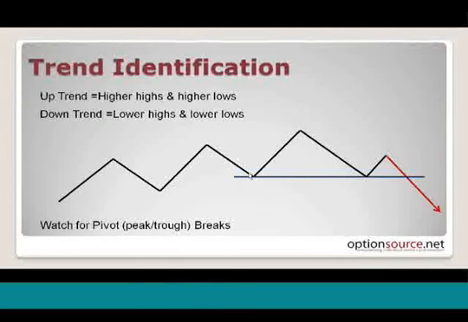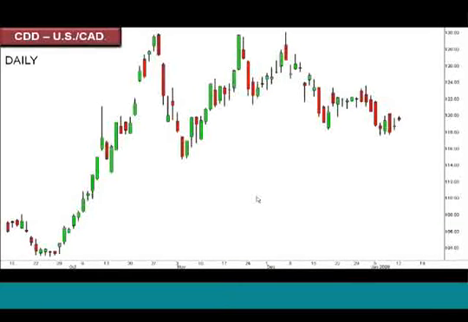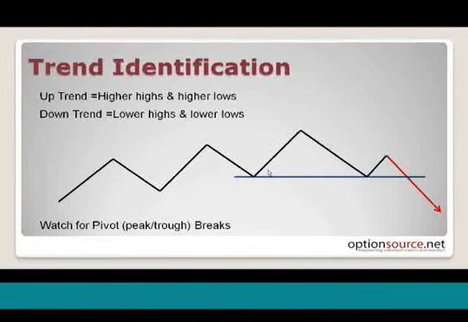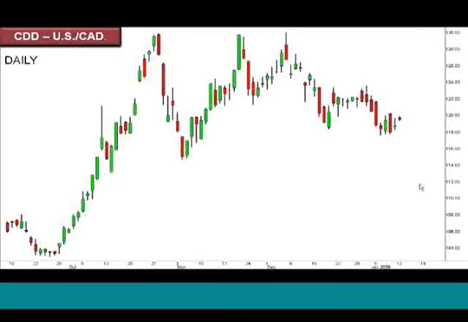So, again, we reinforce the idea that we want to watch for that pivot point break or that peak or trough break to determine our directional bias. So let's look at a chart on the CDD here, which is the U.S. versus the Canadian dollar.